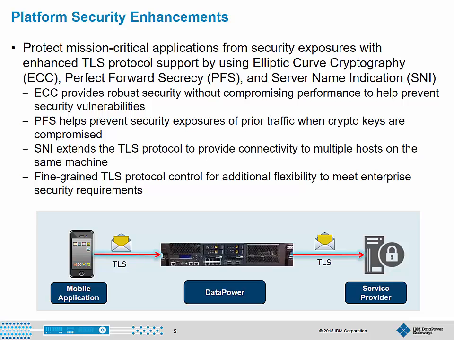Server name indication is an extension to TLS by which a client indicates which host name it is attempting to connect to at the start of the handshaking process. This allows DataPower to present multiple certificates on the same IP address and port. The result of this is that multiple secure websites can be served off the same IP address without requiring all those sites to use the same certificate.